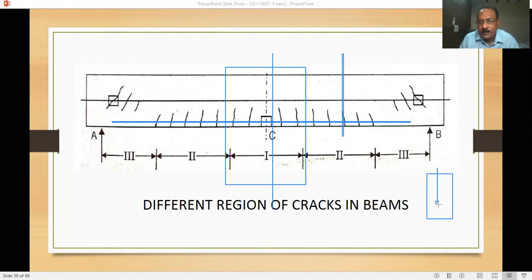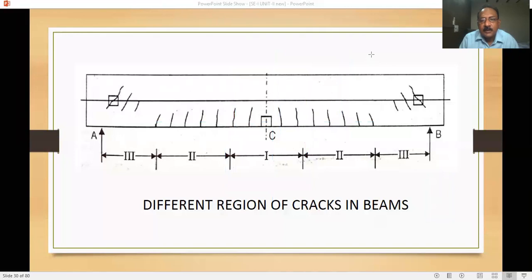You know what principal stresses mean. These vertical cracks develop in region 1 due to failure of flexural strength, because concrete alone will not take the stress due to bending moment at the center if you do not provide sufficient reinforcement.